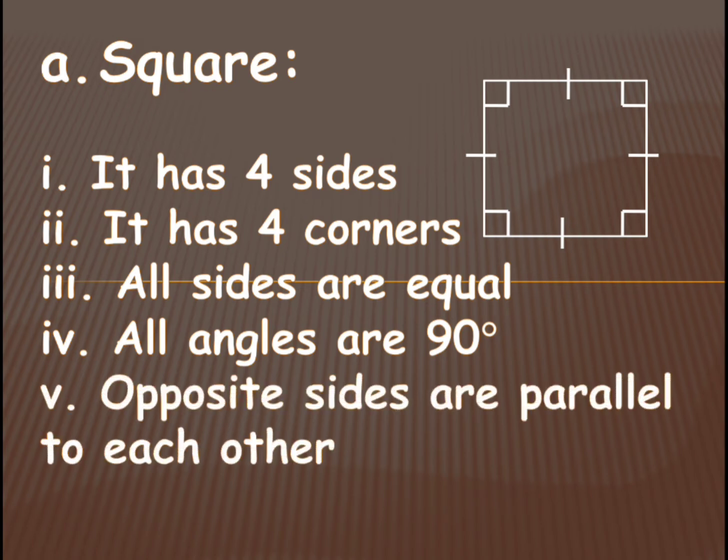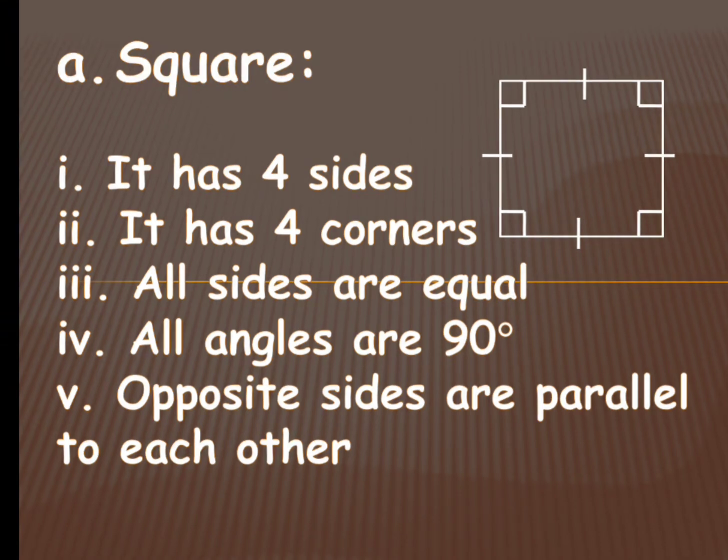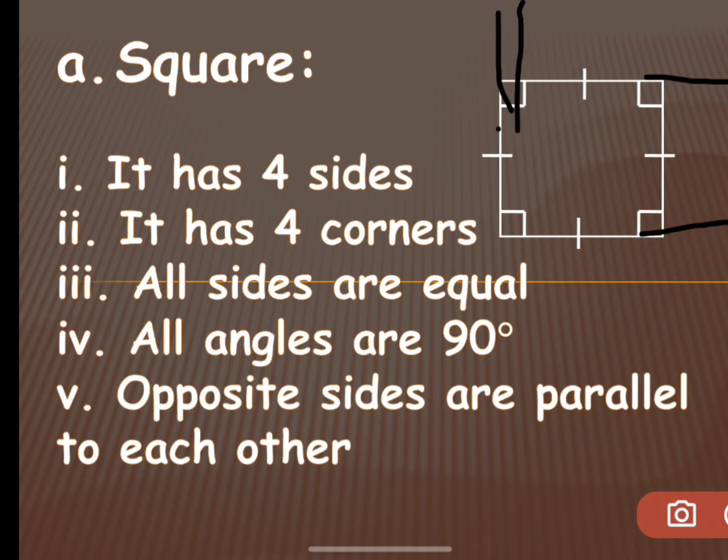And the opposite sides are parallel to each other. So that means, what do you mean by parallel lines? So whenever you extend the lines in this way, they never meet. Okay, if you extend the lines like this, however much you extend, they never meet.